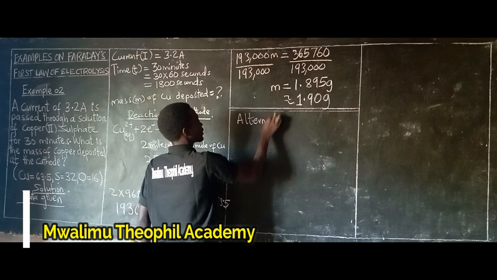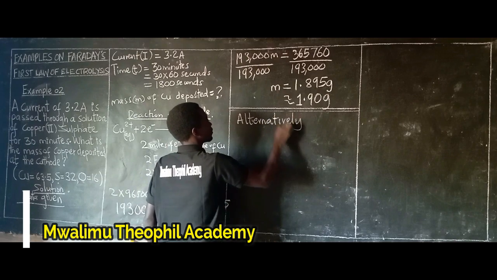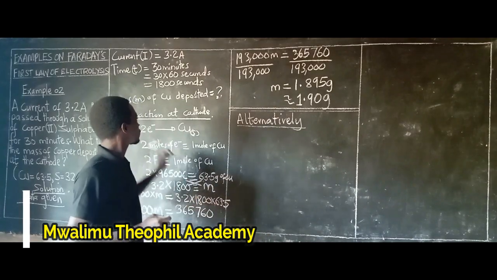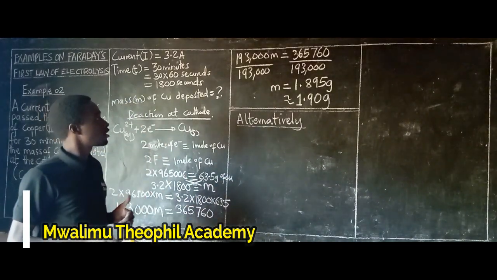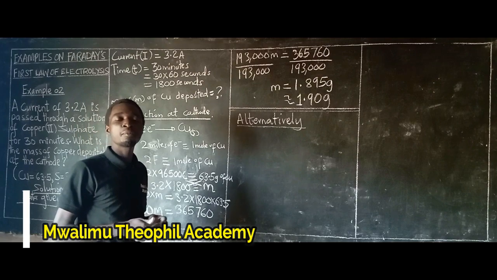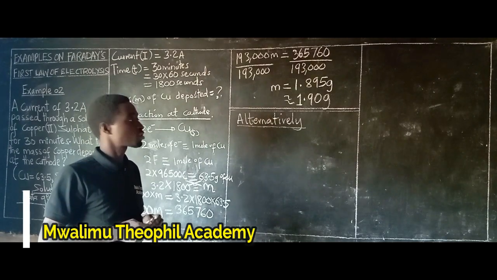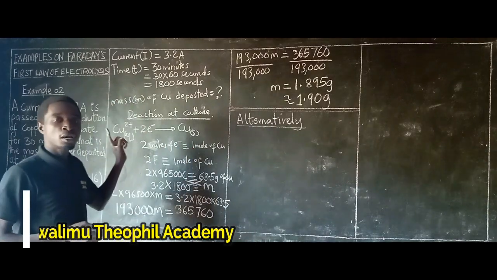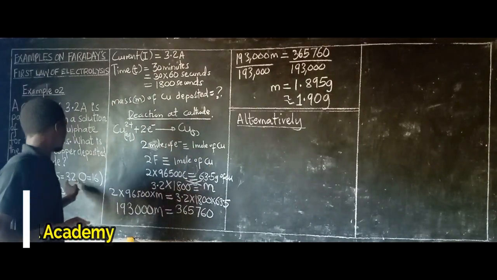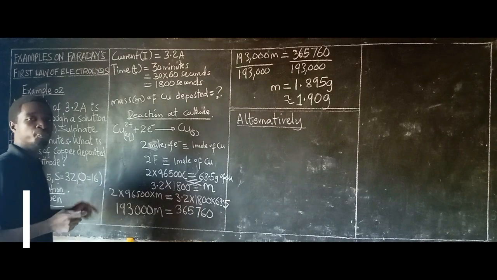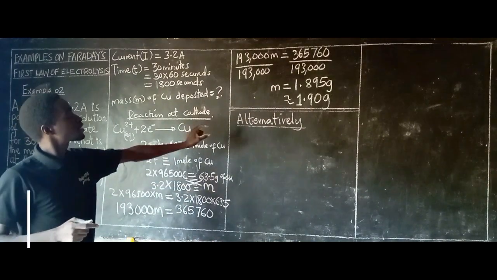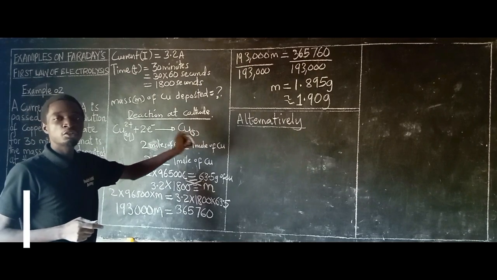Alternatively, an alternative which can be used to solve this question is to use directly the formula from Faraday's first law of electrolysis. But as I told you when I started solving this, what is lacking in this question is the electrochemical equivalent. So here, we may start by finding the electrochemical equivalent of copper.